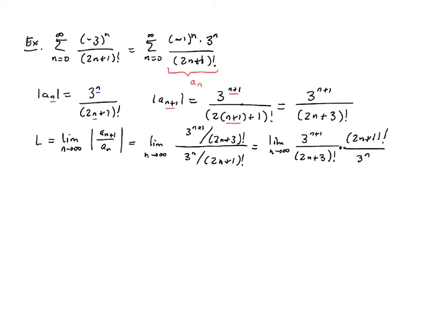And the point with this is that we're going to get some interesting and useful cancellation that comes from it. The first cancellation is easy. This 3 to the n cancels all but one of the powers of 3 from the numerator.